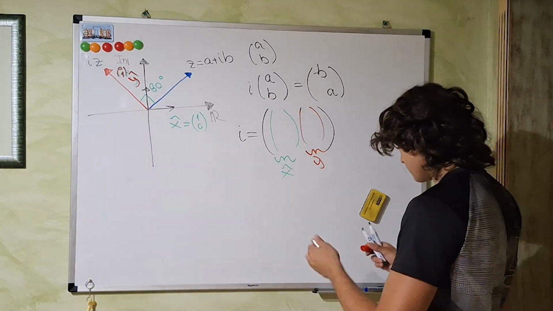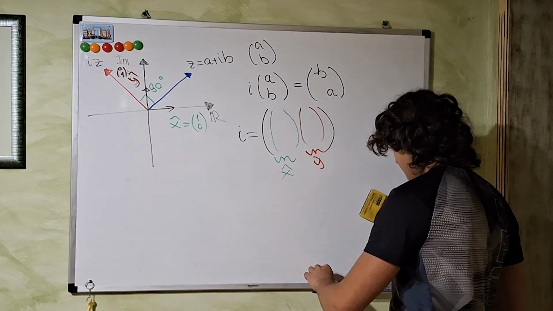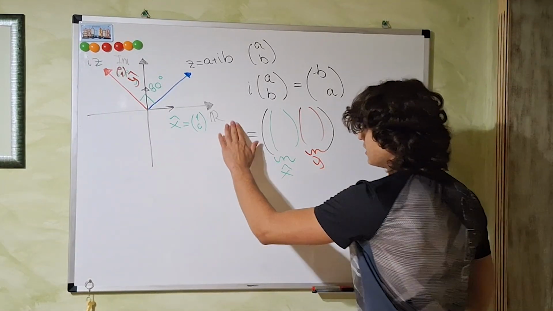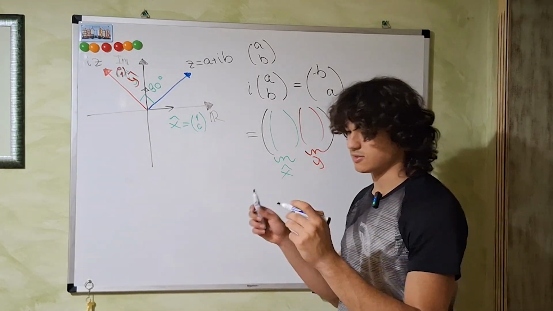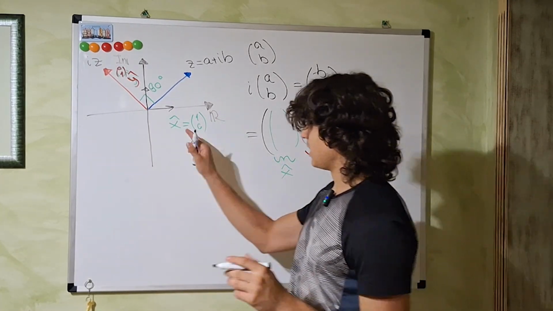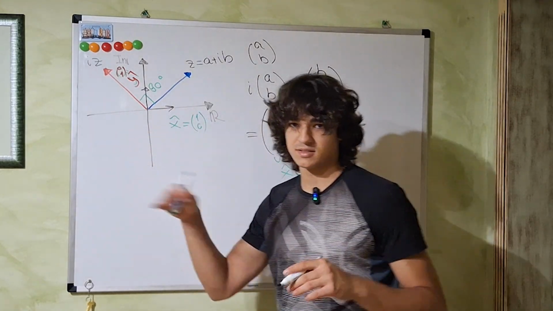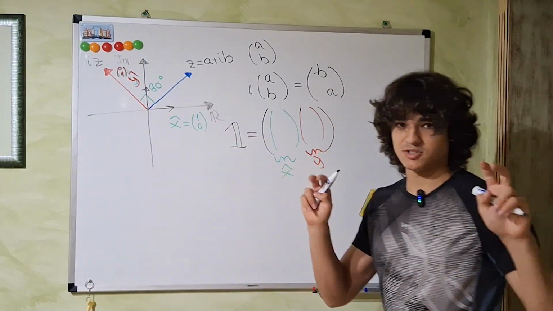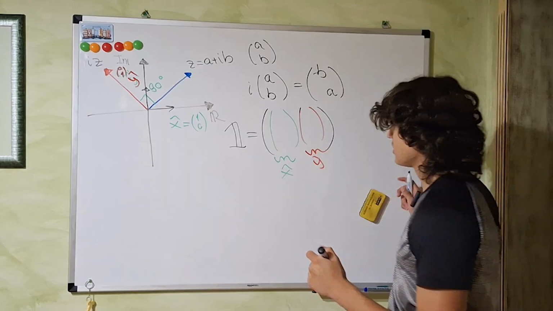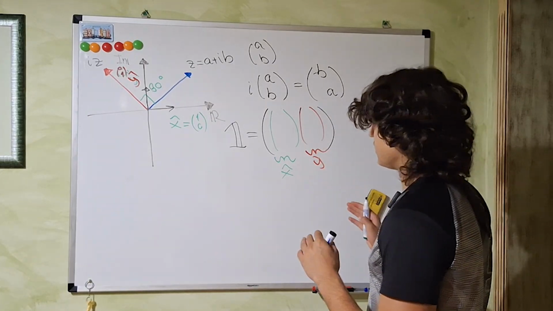So if we were to find a transformation that really does nothing to the vector, so we're not talking about i, we're talking about a transformation that really does nothing, meaning that it leaves these two vectors unchanged, we can call it the matrix version of one, the identity matrix. We have to find its coordinates.